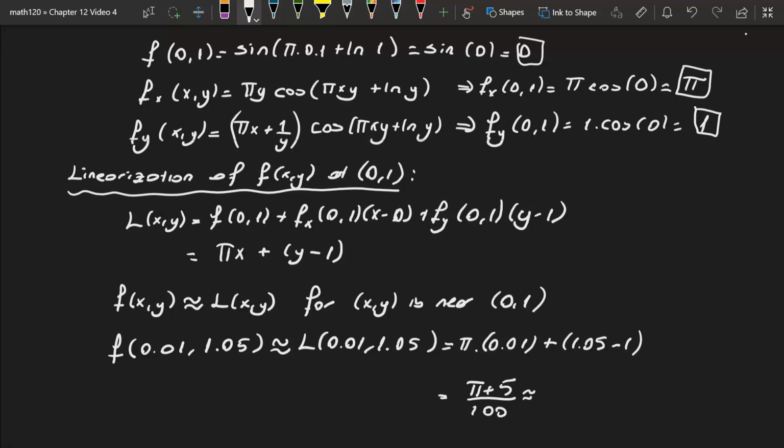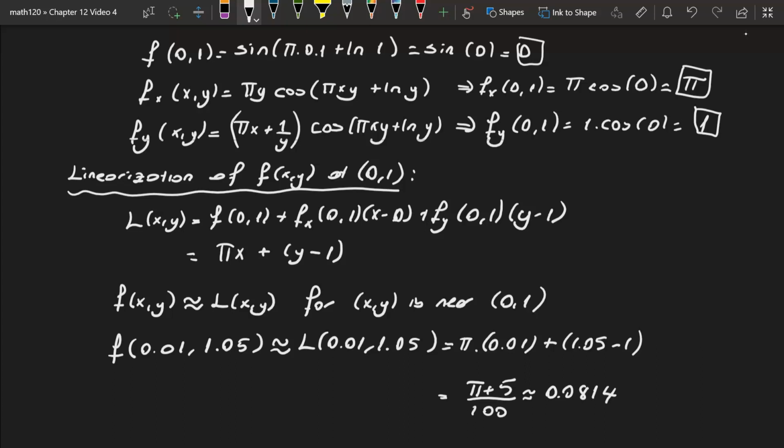It's approximately equal to 0.0814. So we got an approximate value for f of (0.01, 1.05) by using the linearization at (0, 1).